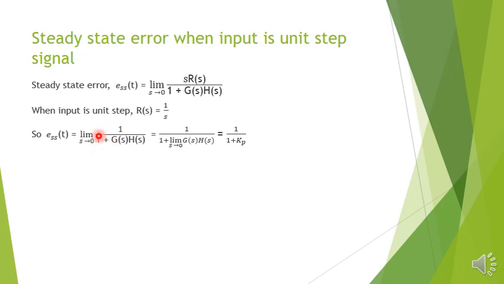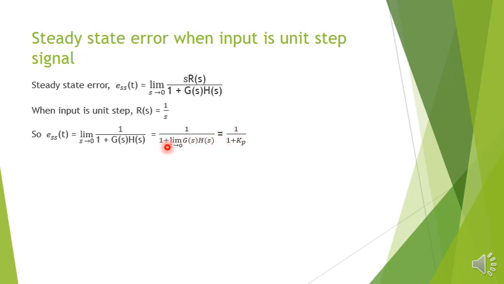So this is 1, this is 1. These are constants. If I apply the limit as s tends to 0, it remains the same. So I can rearrange this limit function as 1 by 1 plus limit as s tends to 0, G of s, H of s, which is equal to 1 by 1 plus Kp.